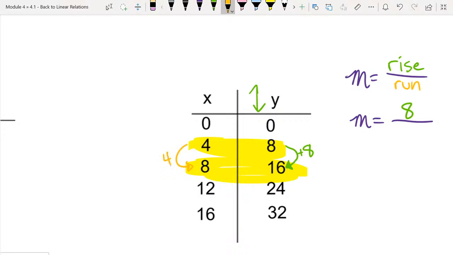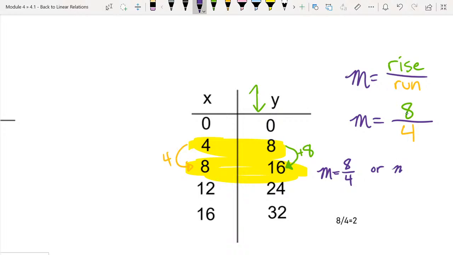This is a really boring one because it happens to have given us a rate of 2 again. I might do one more after this, just to show you. So the answer would be either m equals 8 over 4, you can leave it as a fraction, or you can actually do that division on your calculator. And if we actually do that division on a calculator, 8 divided by 4 is equal to 2.